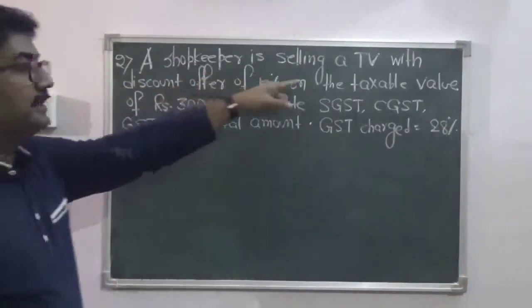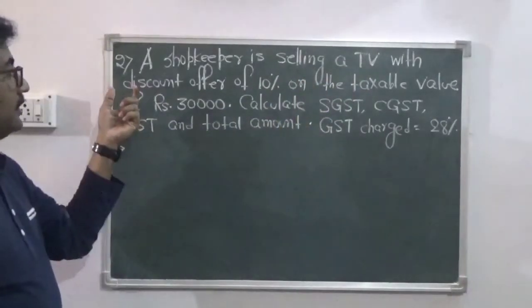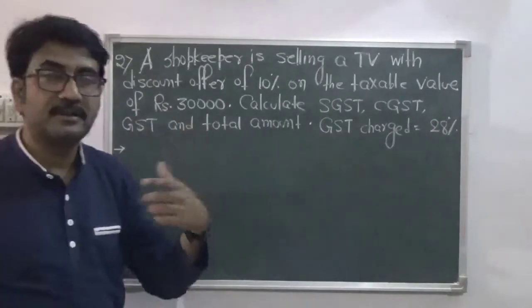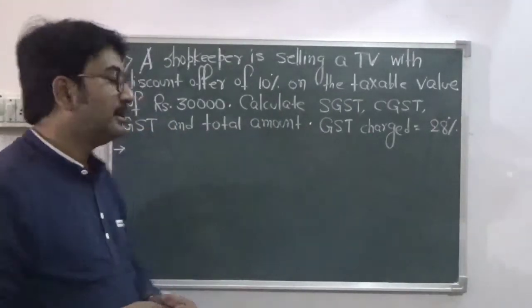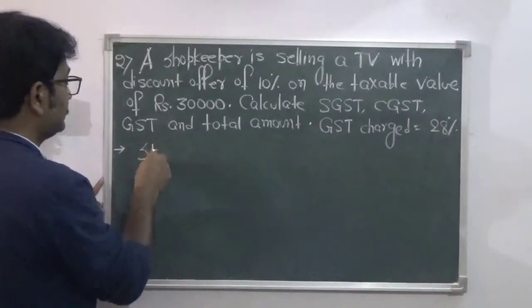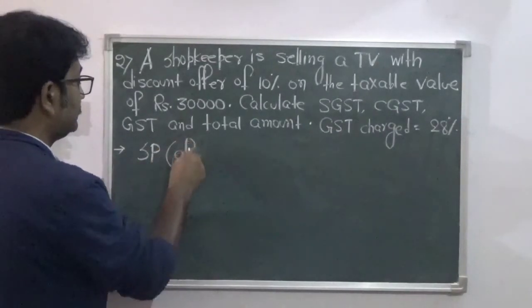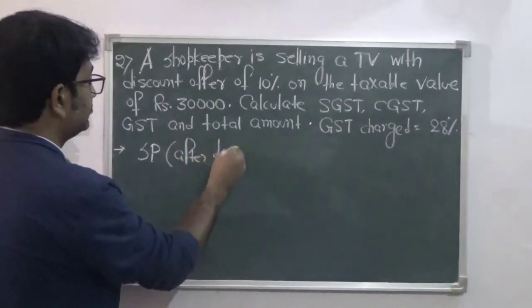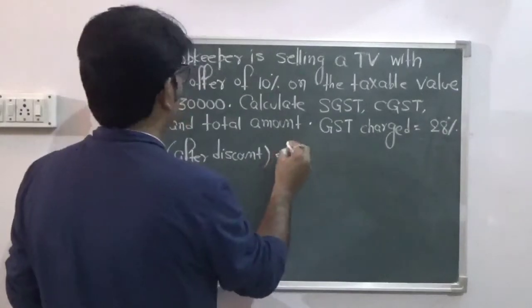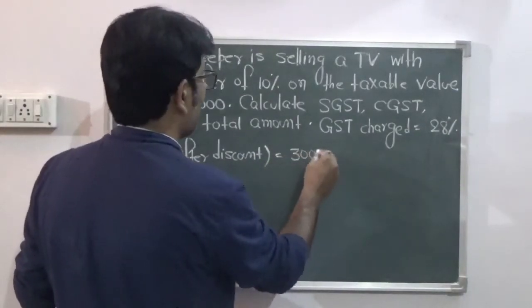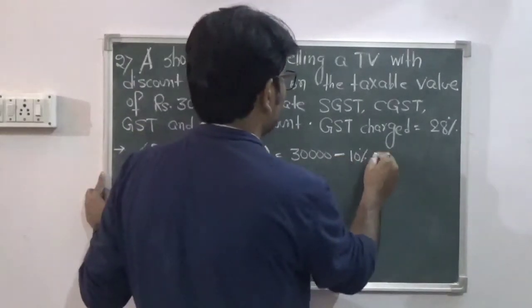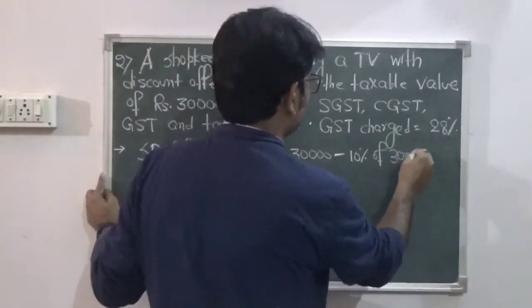A shopkeeper is selling a TV with a discount offer of 10% on the taxable value. So what will be the selling price or the taxable value after discount? The selling price after discount will be 30,000 minus 10% of 30,000.